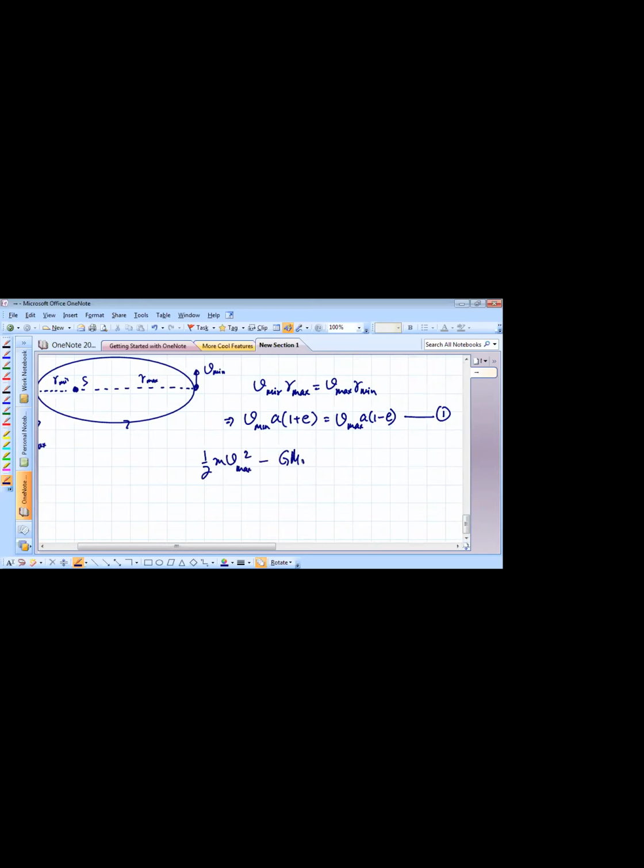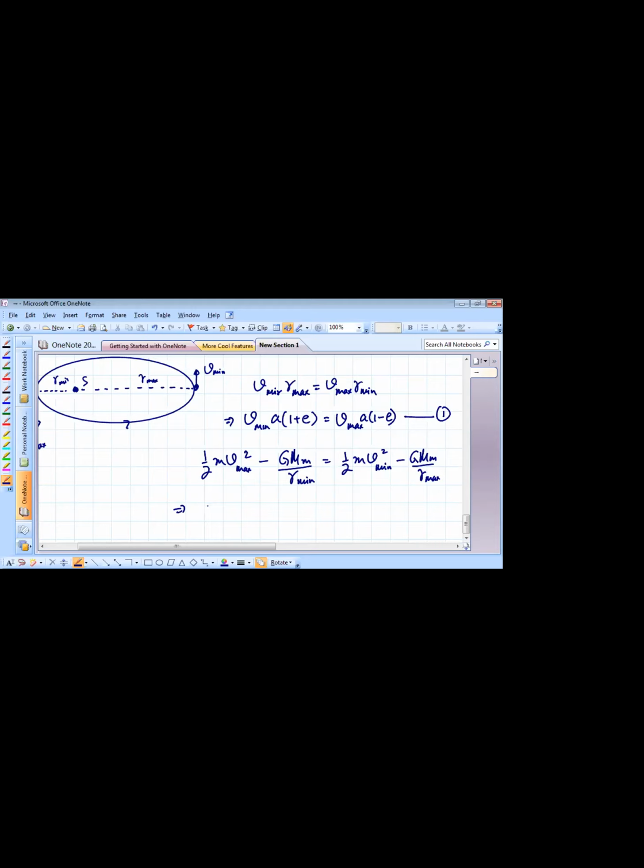minus GMm upon R minimum is equal to half m V minimum square. Okay.